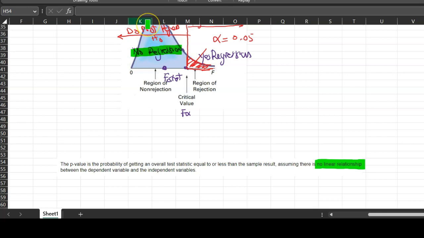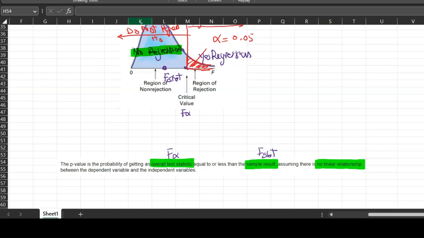Now reading the statement: the p-value is the probability of getting an overall test statistic, so the overall test statistic, that's the F alpha, and less than the sample result. The sample result is going to be the F stat relating to our example. Here we can see it on the chart. If the F alpha is greater, then we have no regression.